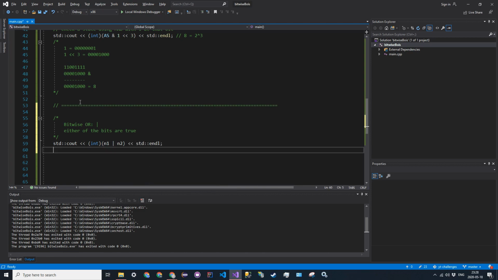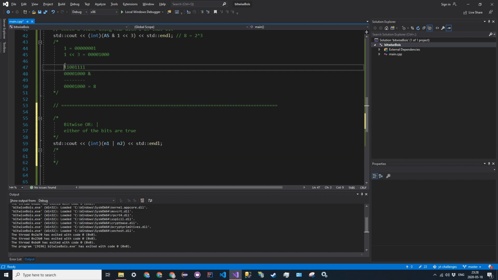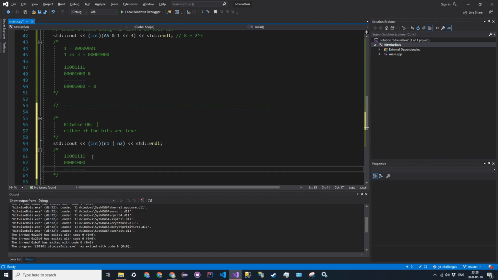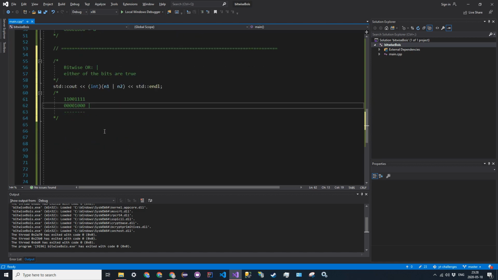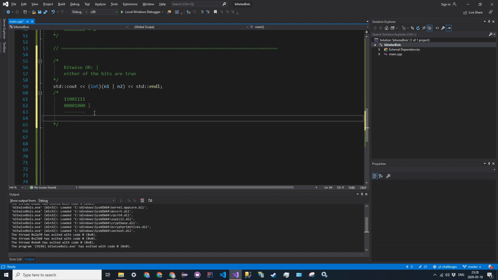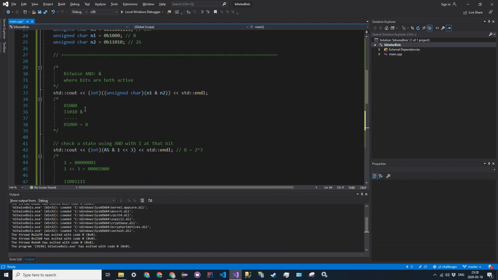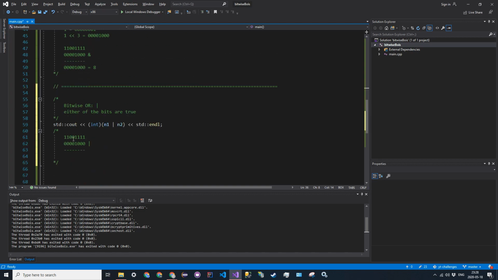So let's try and predict what this is going to produce. I'm just going to copy this over here, and we're going to OR the two. I want to get this one because we're doing N1 and N2. So these two. All right, let's look at this. Only one of the bits has to be true.